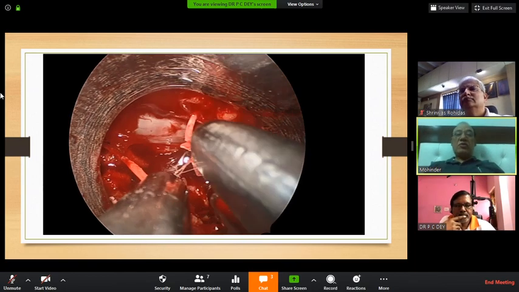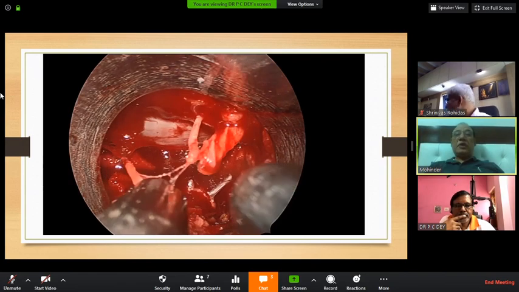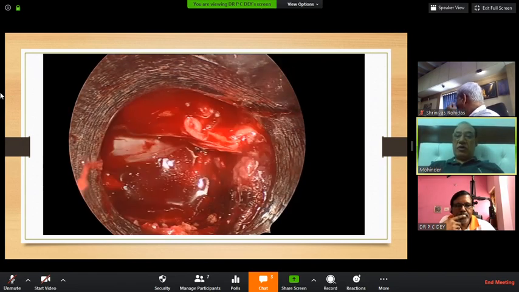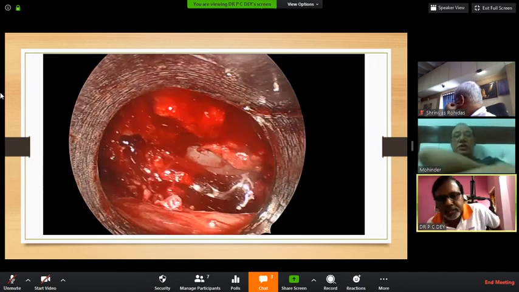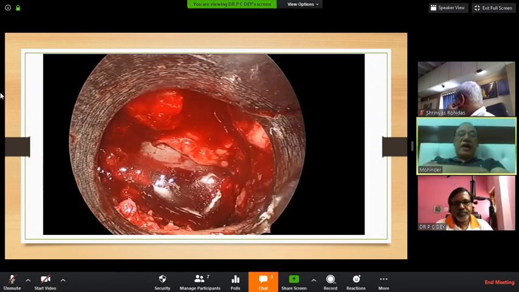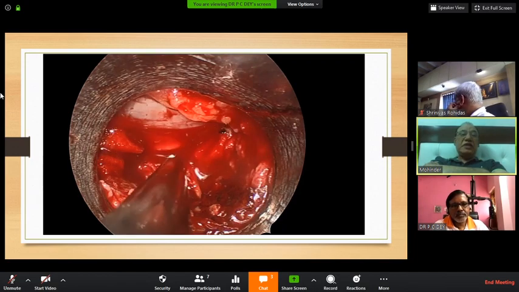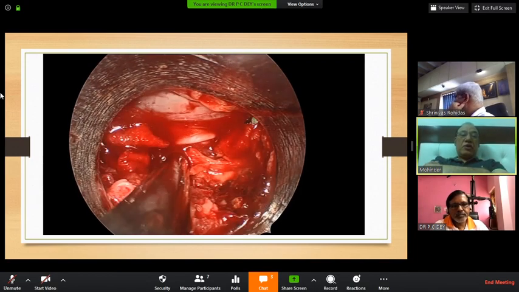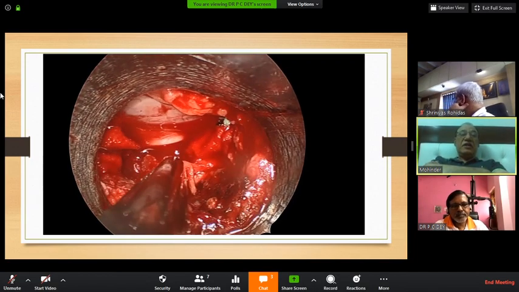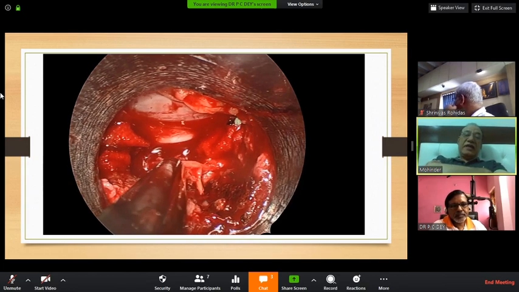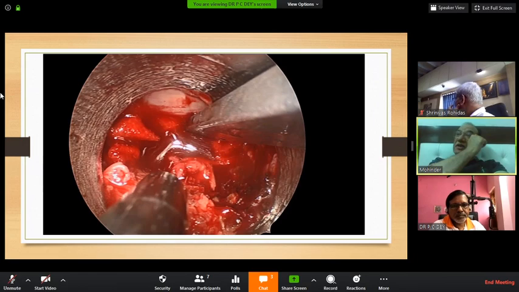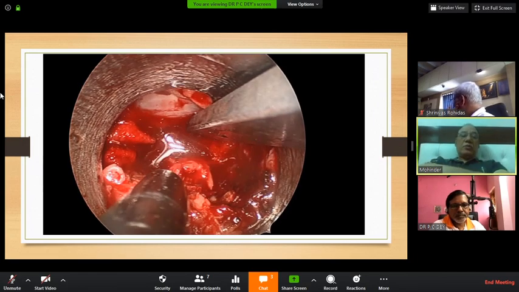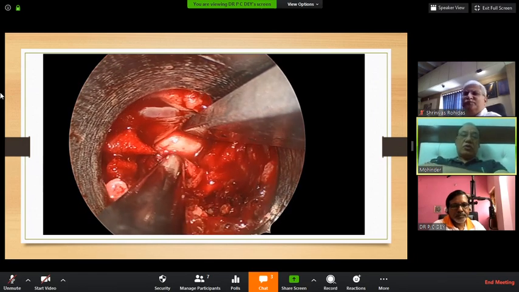But let's talk about controlling the bleeding intraoperatively. That is what your question is, if I am not wrong. And it is very rare also, sometimes hardly 2 to 3% of patients. So I use patties the way you are using. I use micro bipolar coagulation. And number three, in my cases it's a routine protocol: when we give a prophylactic antibiotic, we give Tranexa also preoperatively, I mean on the OT table.